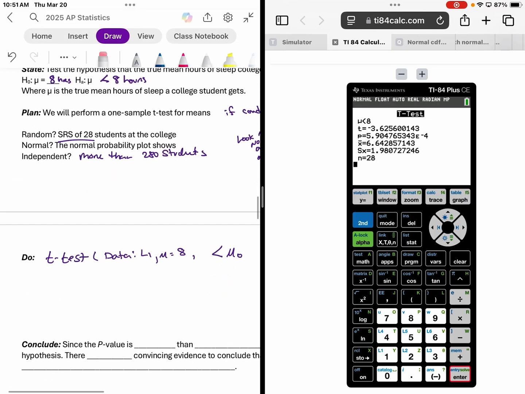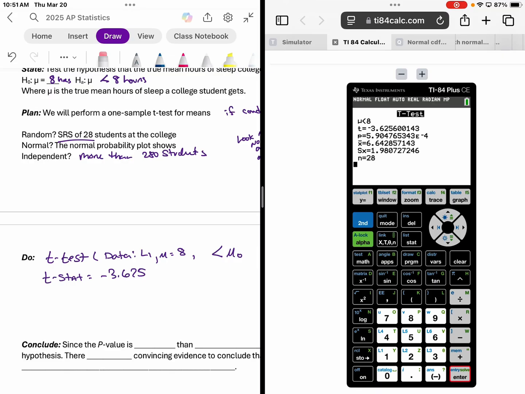There we go. This tells me that my test statistic, my t-stat, is negative 3.625. Now we leave the negative on this one. We take it off when we're doing the t-stars and the z-stars. But on a test statistic, if it's negative, it's got to be negative. On a z-stat or a t-stat, we have to leave the negative on there.